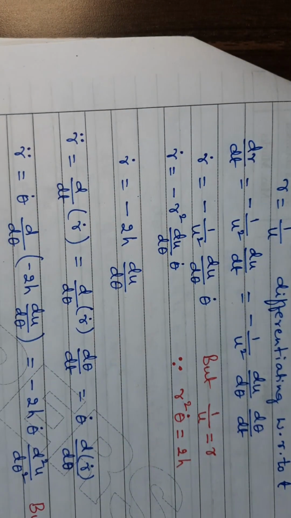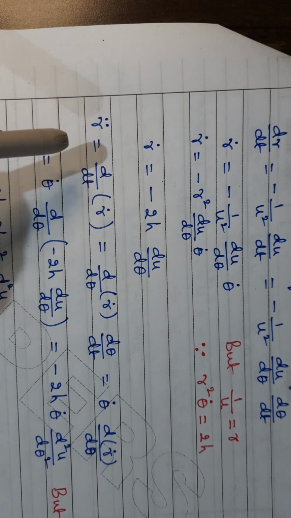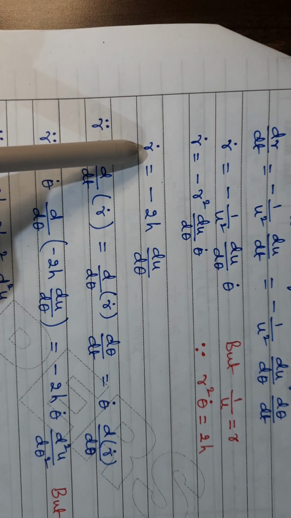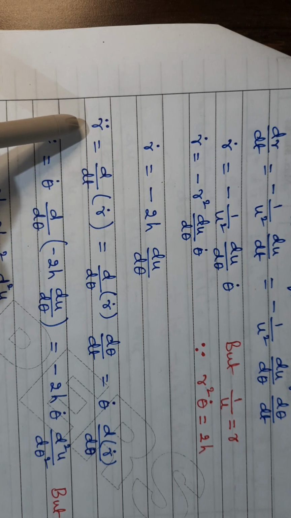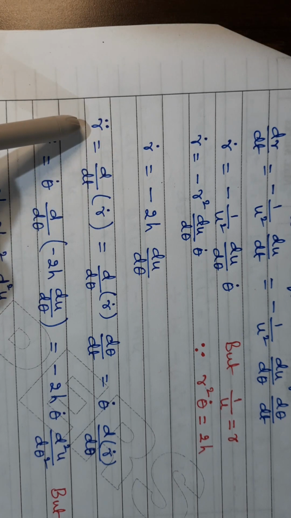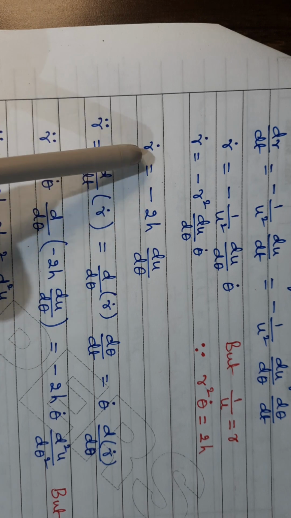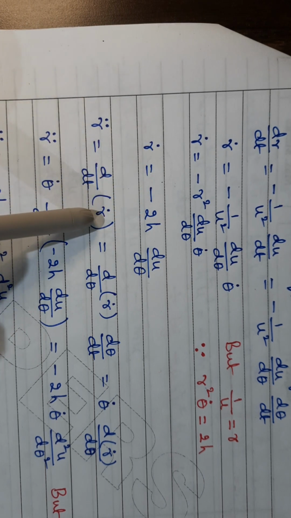Now I will take the second order derivative, means again differentiate with respect to time. R dot we are having. R double dot is equal to how much? R dot means dr by dt. R double dot means d square r divided by dt square. Differentiate again with respect to time: d by dt of r dot.